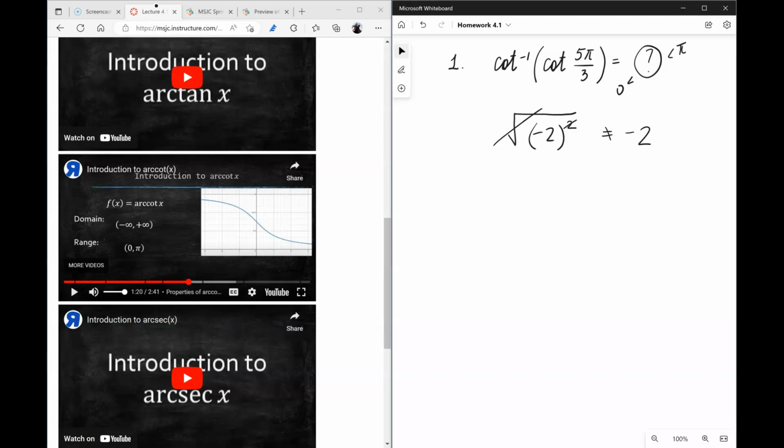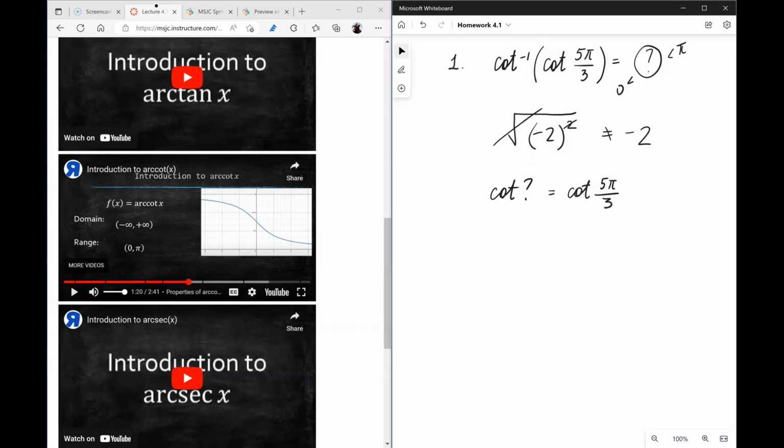So we're looking for some value whose cotangent is, well, it's fair to say we can label it as theta, but it doesn't matter. So we're looking for theta whose cotangent is equal to cotangent of 5 pi over 3, but the angle itself is between 0 and pi.